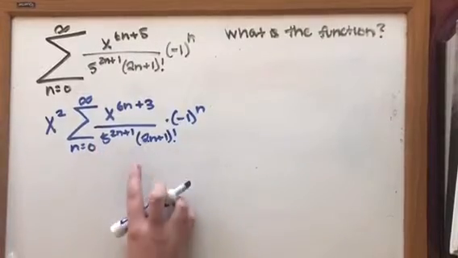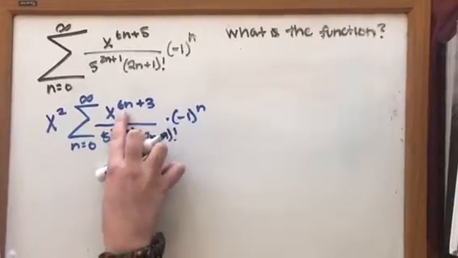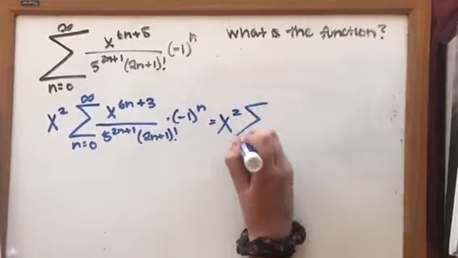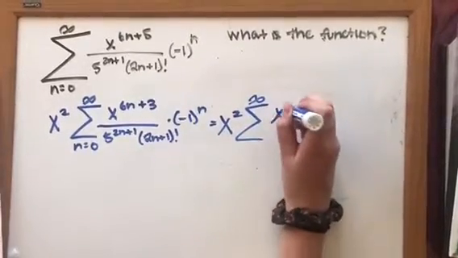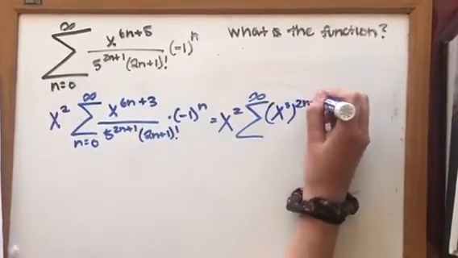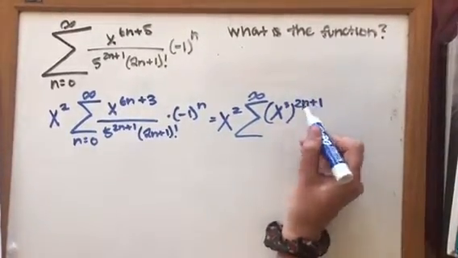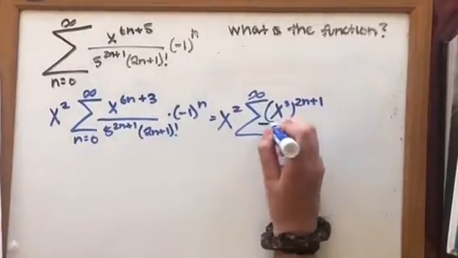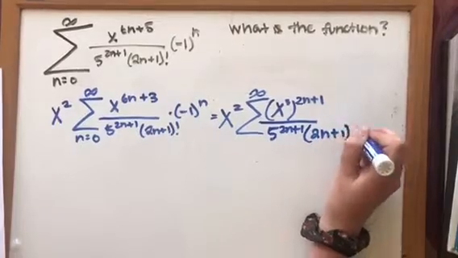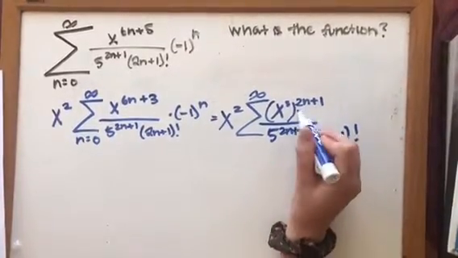Okay, from here, we can see that this is the same as this, just times 3. So we can rewrite that again as x cubed to the 2n plus 1, because when you multiply 3 times this, you get 6n plus 3. So now we get this. This is the same, so we can put these together.